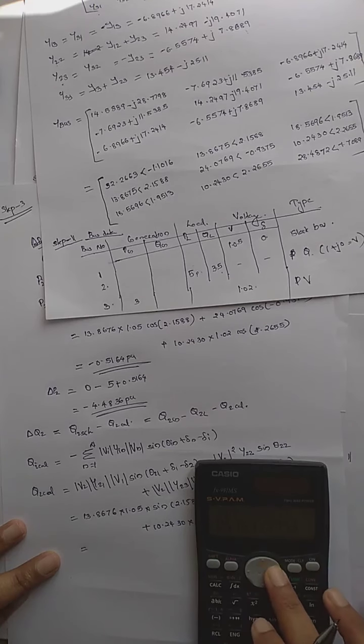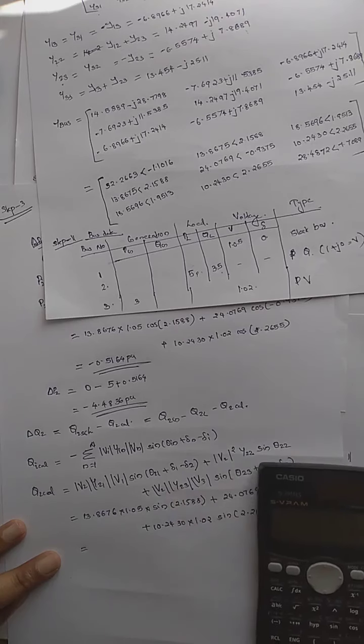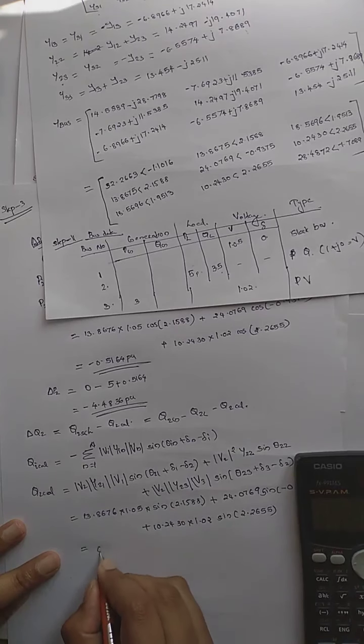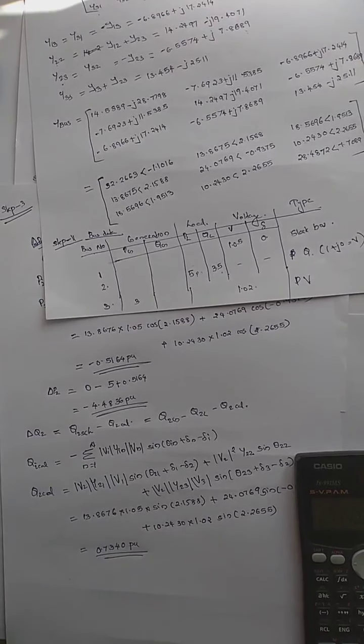Only thing is we have to change all the cosine values to sine values and the remaining thing will be same, isn't it? So I am replacing all the cos values with sine. Okay, so sine and the answer will be 0.7340 per unit. My Q2 value is 0.7340 per unit.